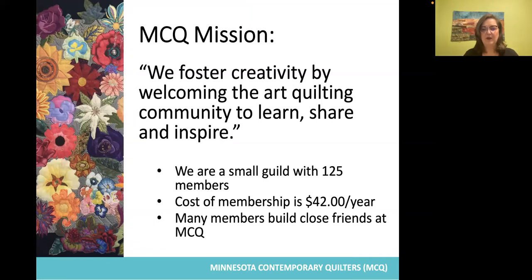Subscribing to Quilting Arts would be another possibility. And then the other thing is Susan Stein has created several books on using a lot of the techniques. She's like the number one seller of art quilting books on Amazon. So checking out her books would be another idea. How about you, Lori?